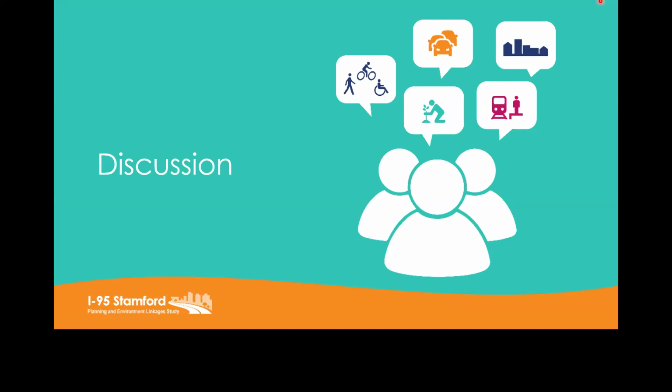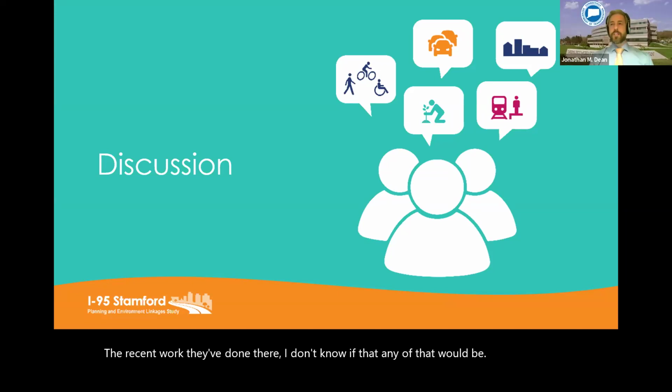The recent work they've done there. I don't know if any of that would be relatable to what you're working on in Stamford or not. Yeah, so as far as the region is concerned, there are aspects of this study that I do just want to point out.